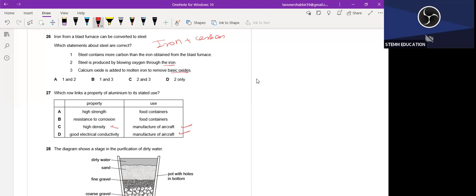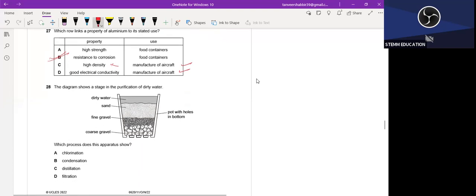It is low density, that's why it is used in aircraft. And the resistance to corrosion, that's why it is used in food containers. Yeah, this option is the right one. Why is it used as a food container? Because it resists corrosion.